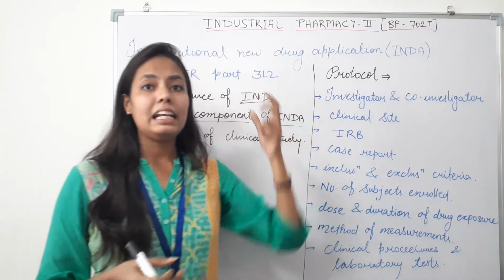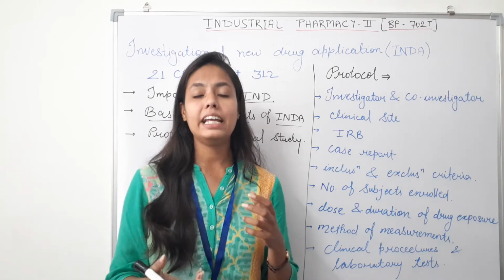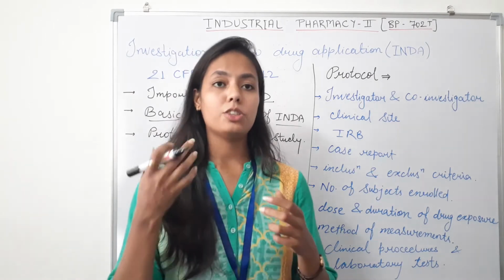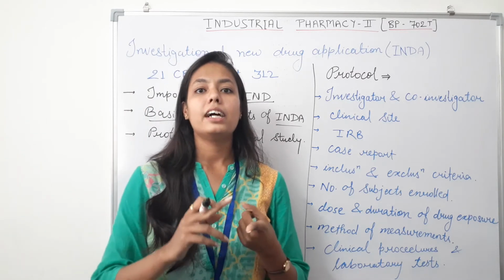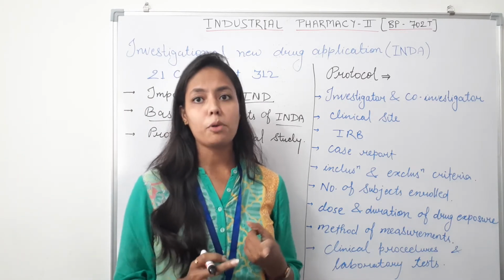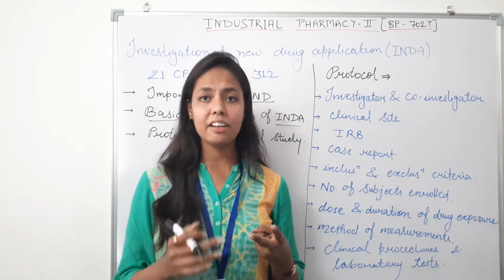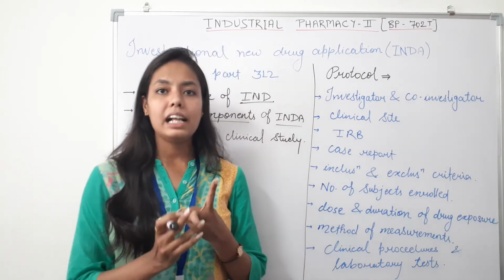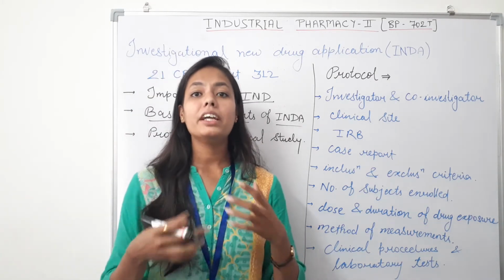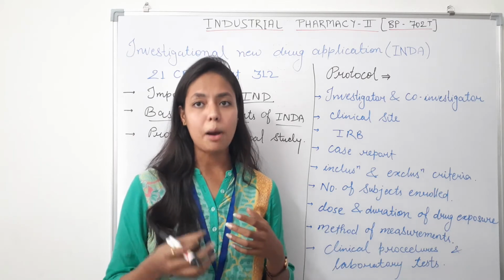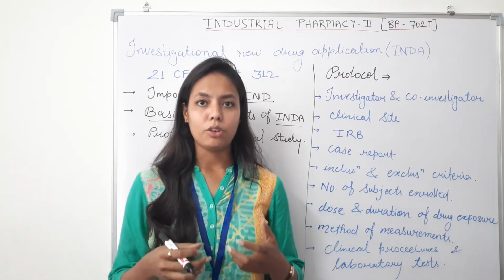So here we list the required information which we should provide in the investigator's brochure. The investigator's brochure must include physical, chemical and pharmaceutical properties of the drug, supply, storage and handling information of the drug, chemical name and chemical structure of the drug, and summarized relevant information about the non-clinical pharmacology, toxicology and pharmacokinetic aspects of the drug.